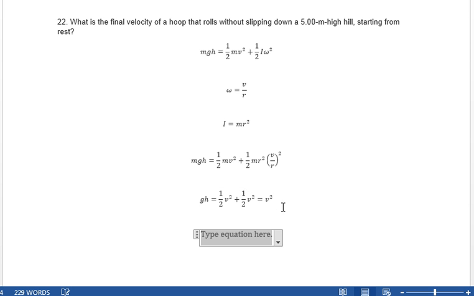Since we're after the velocity, V equals the square root of gh, which equals the square root of g, which is 9.8 meters per second squared, and h is 5 meters.